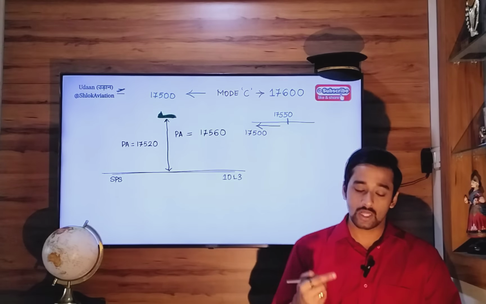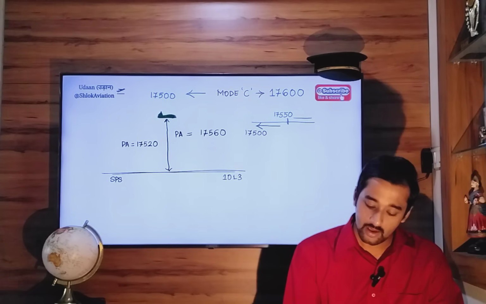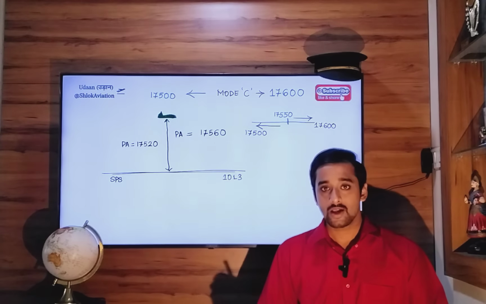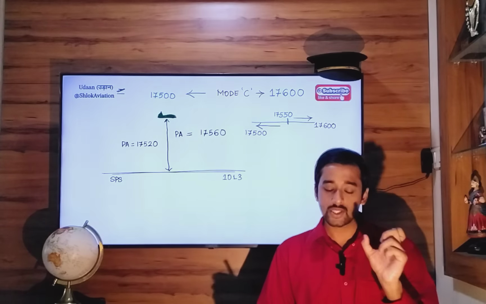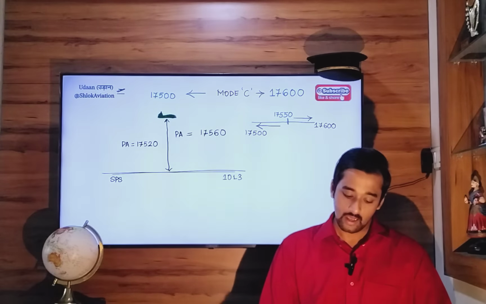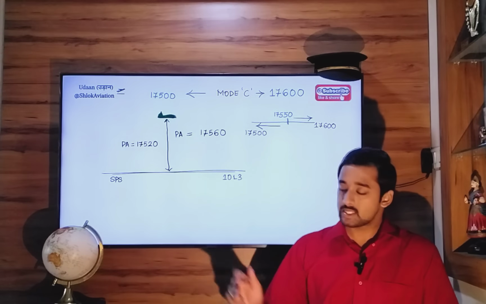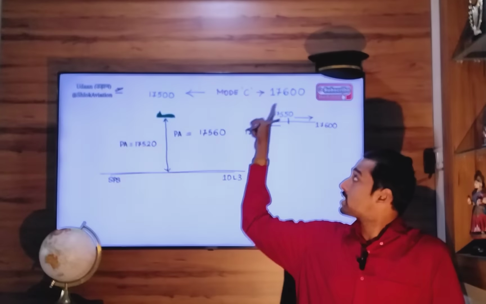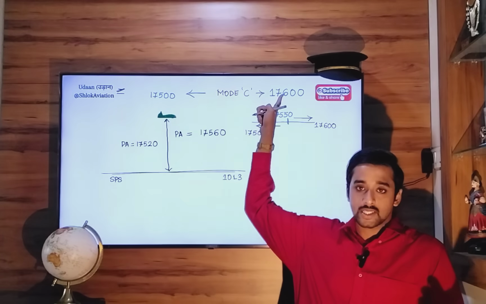Any number which is more than 17,550 will be reported as 17,600 feet, right? So the values sent to the ATC controller are rounded off to the nearest whole number. So as you can see, 17,560 is transmitted as 17,600.